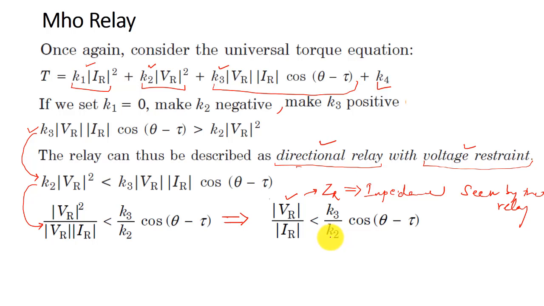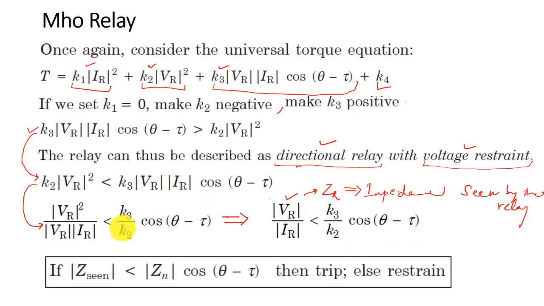k3 and k2 are constants which depend upon the constructional features of the relay. In cos theta minus tau, theta is the angle between the voltage seen by the relay and the current seen by the relay, and tau is the maximum torque angle, the angle between the maximum torque line and the voltage seen by the relay Vr.